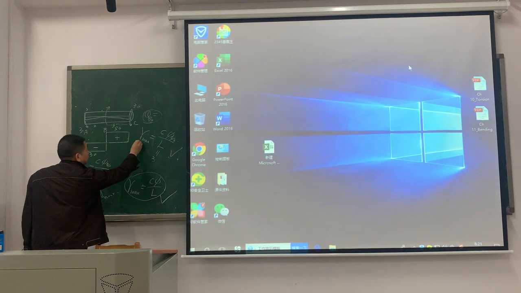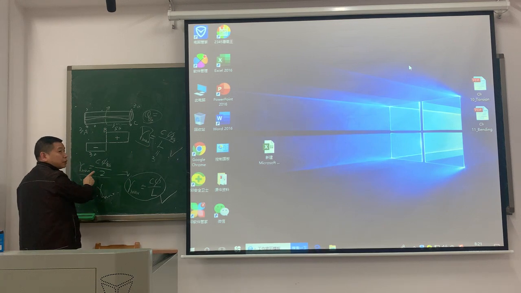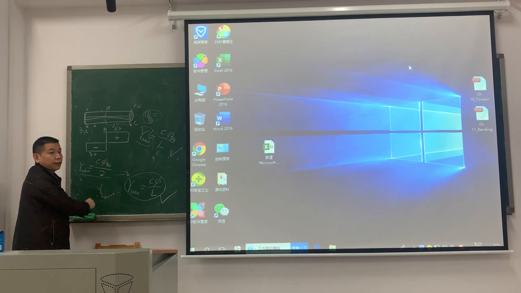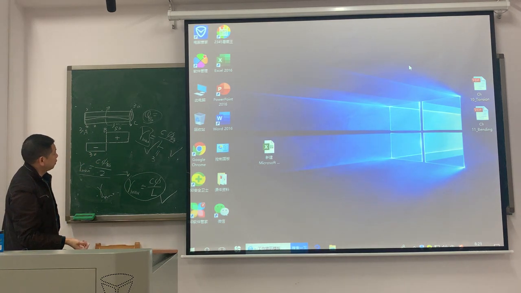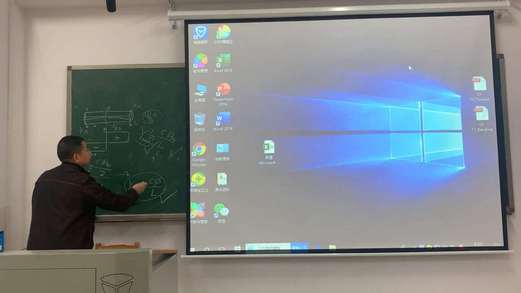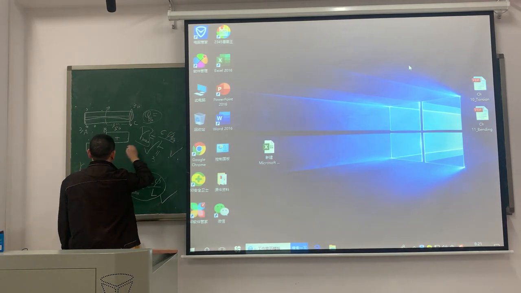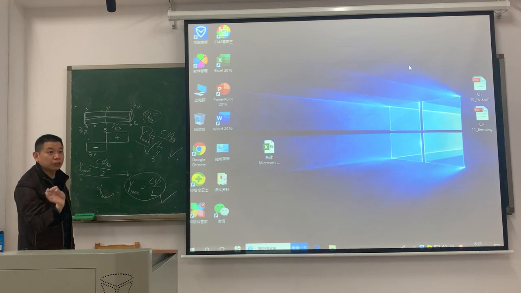So the gamma max for CB is more than gamma max for BA. I'm not sure because C is the same, but phi are different. Phi CB and phi BA are different.